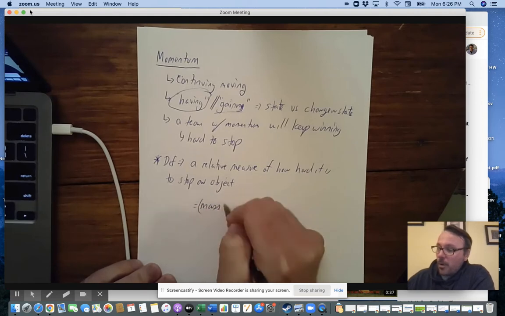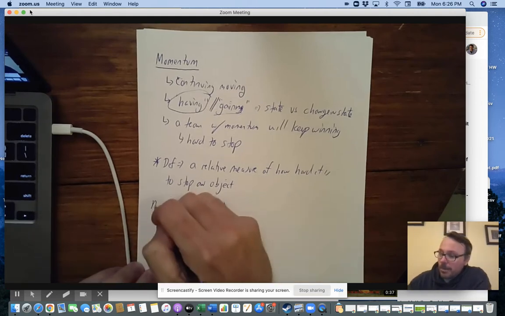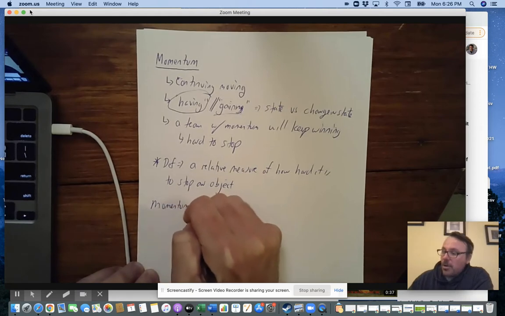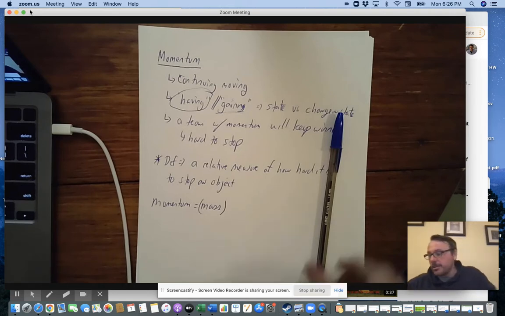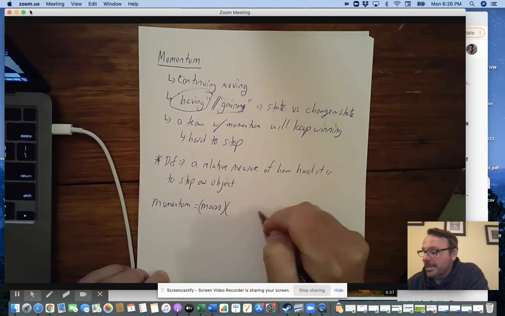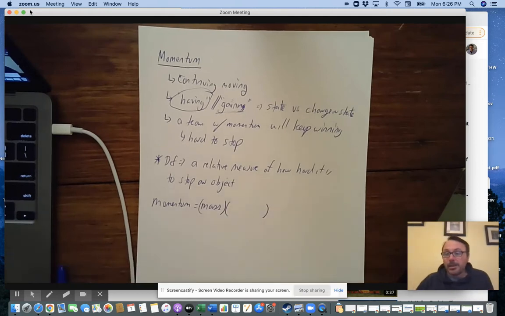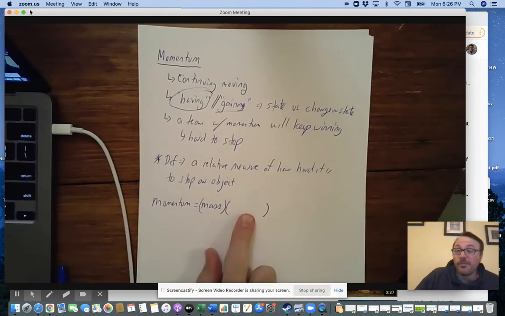I think we would all believe that when you have more massive objects, they are harder to stop, right? It is harder to stop a moving train than it is to stop a moving grandmother, whatever. What's the other factor that matters? Well, the other factor here is how fast the object's going. Now, I can put either speed or velocity into that.